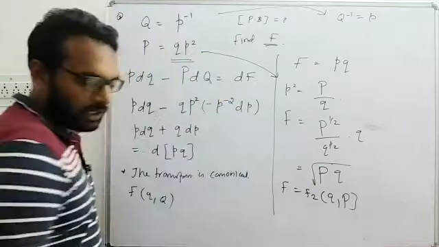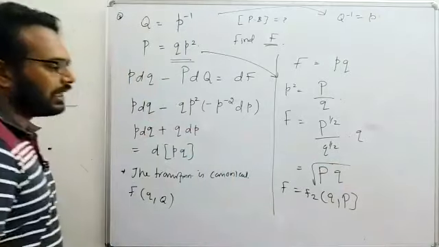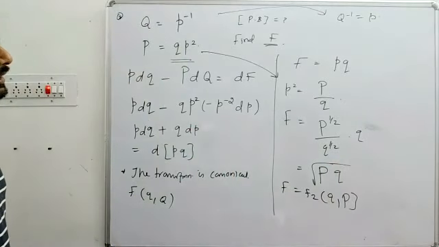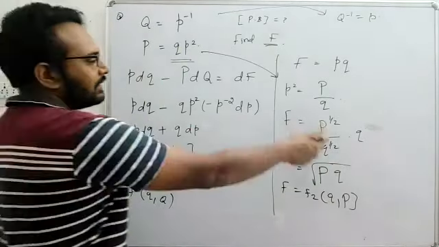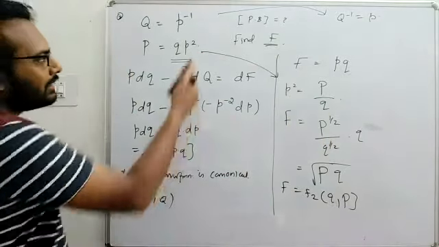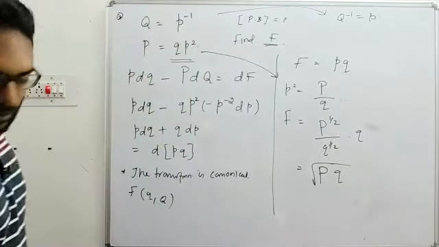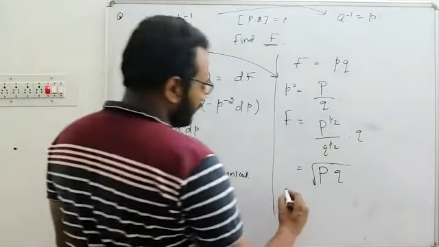So depending on what options you are given, whether it's a function of Q and capital P or Q and capital Q, you have to choose which of these you use. So you can get the same canonical transformation from F1 and F2. Now, whether we are correct, you have to check this.